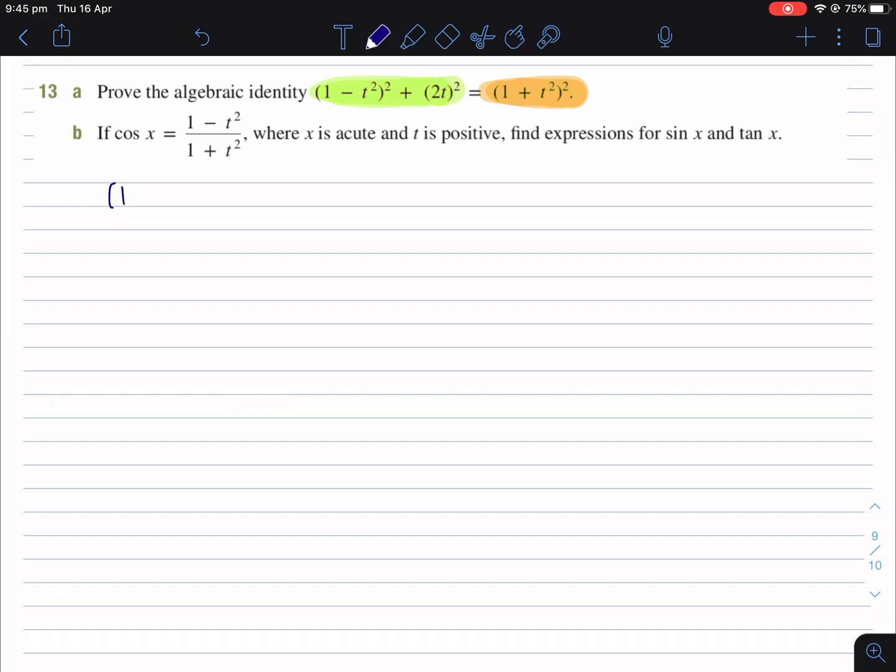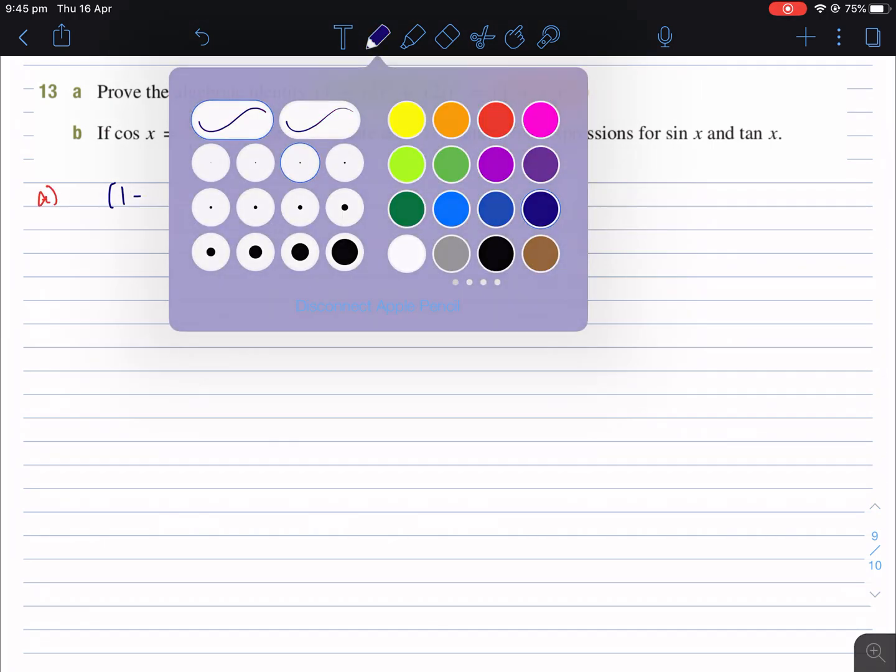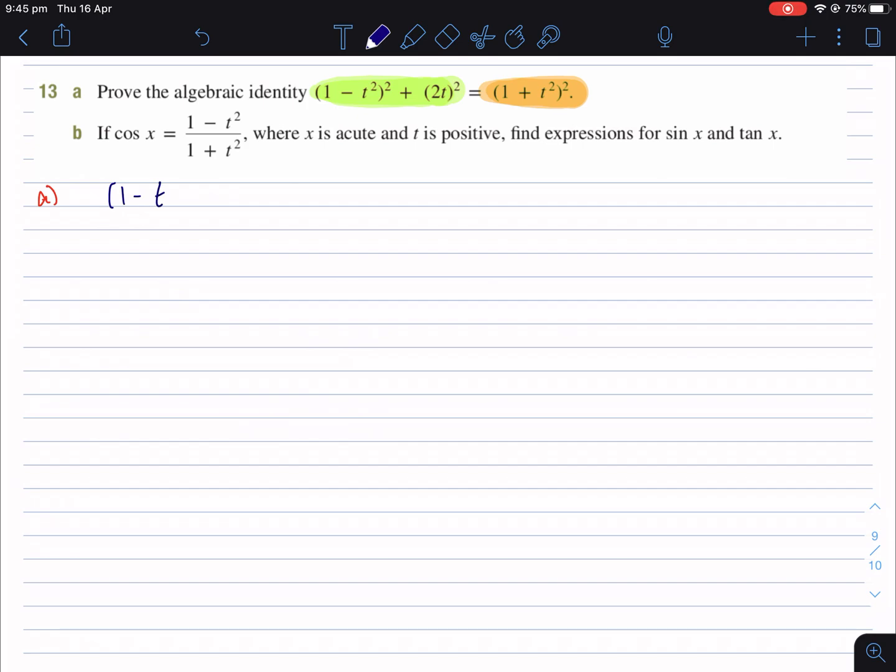So we've got, this is A, 1 minus t squared, all squared, plus 2t squared equals 1 plus t squared, all squared. Now I'm going to expand this one on the left.